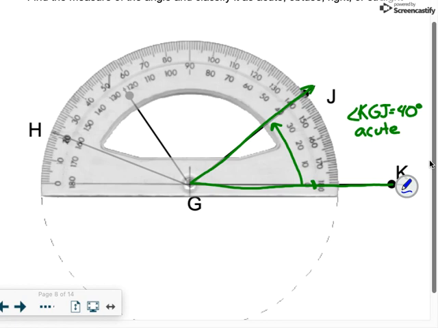So now we'll try this next one here. We'll start from K again, come out this way to G, and now this time we're coming out this way, following this line. We're going to extend that. So this angle is angle KGI. If we look at this one again, it goes through the 0, the same spot it did over here.